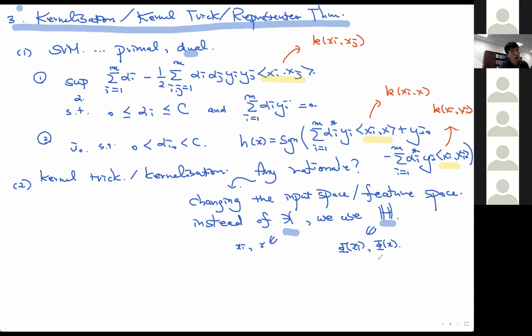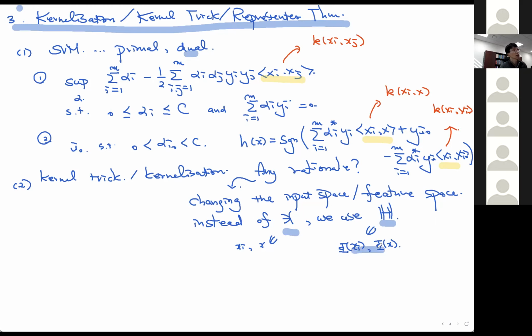But after this encoding, all the rest is the same. The optimization, like the support vector machine, is based on maximizing the margin, and we are doing the same thing, just that we are using a much richer space here.